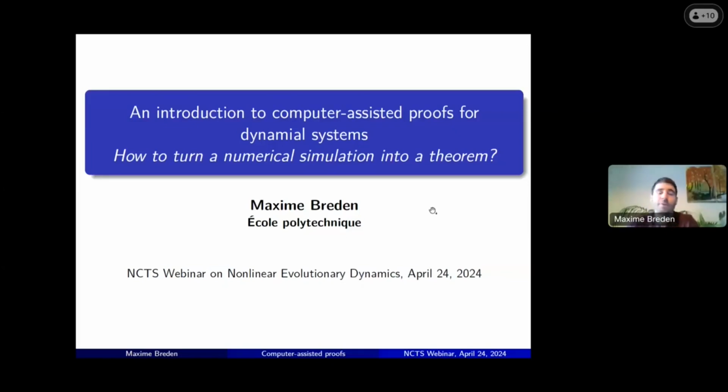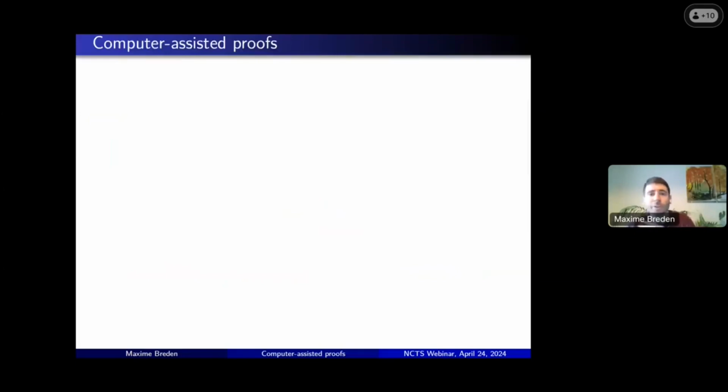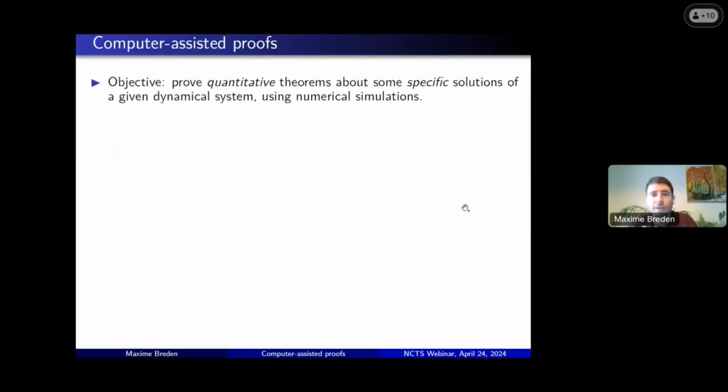So let me first set the stage by telling you what kind of computer-assisted proof I want to do, because there are actually many different things called computer-assisted proof that are quite different. The type I'm going to tell you about today is the one where you try to prove quantitative theorems about some specific solution of a given, mostly ODE or PDE in my case, but you could think of different dynamical systems, using numerical simulations.